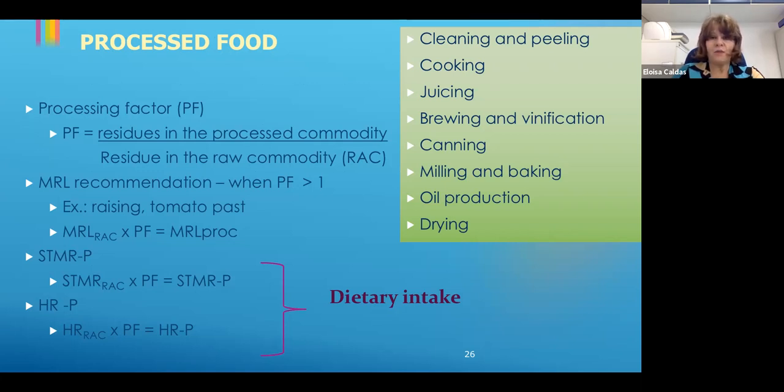Maize should be submitted to processing to flour and then cooked before we eat it. So the processing factor is defined as the ratio between the residues in the processed commodity, it can be any processed commodity, divided by the residues in the raw commodity.